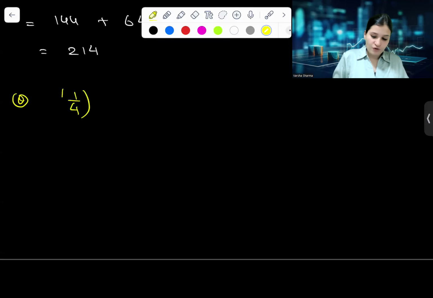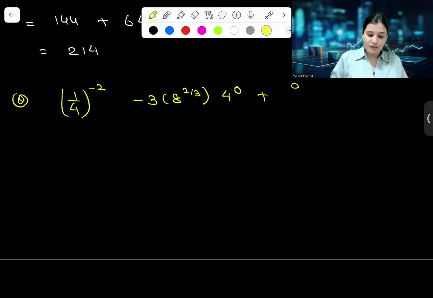1 by 4 whole power minus 2, minus 3 into 8 to the power 2 by 3, 4 power 0, plus 9 by 16 to the power minus 1 by 2.